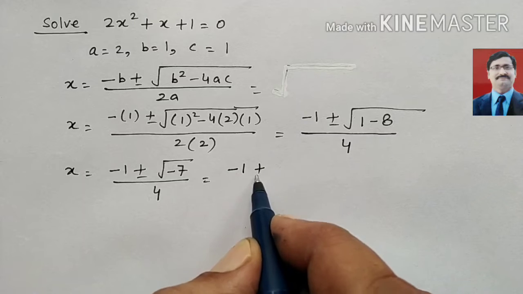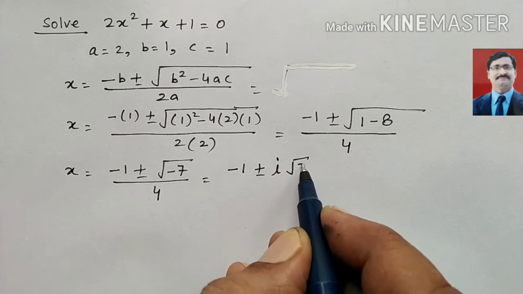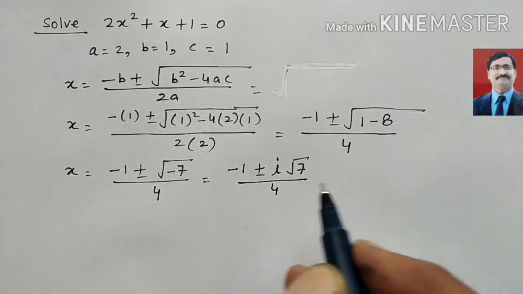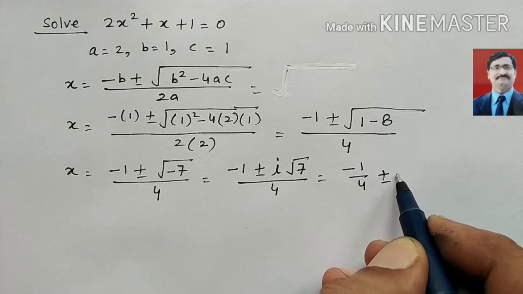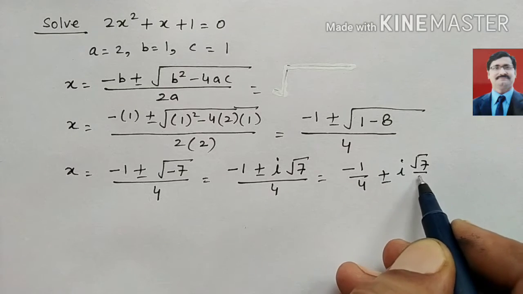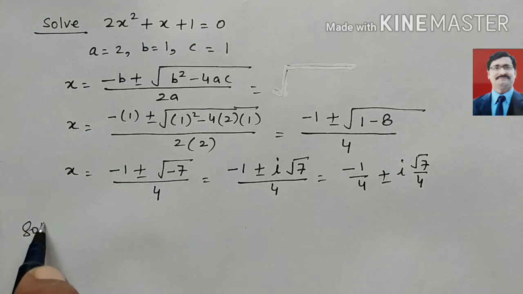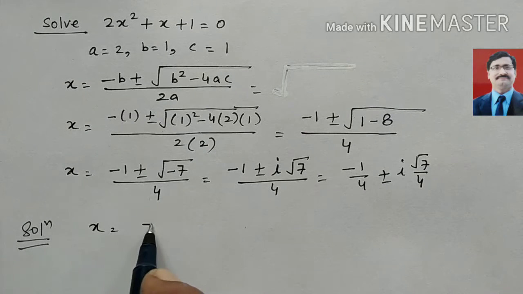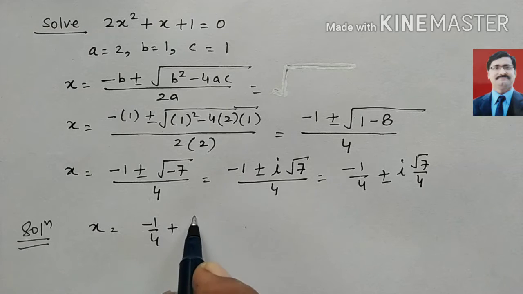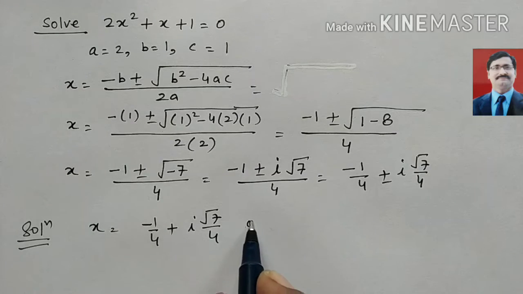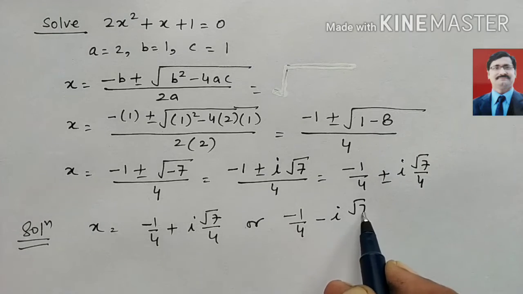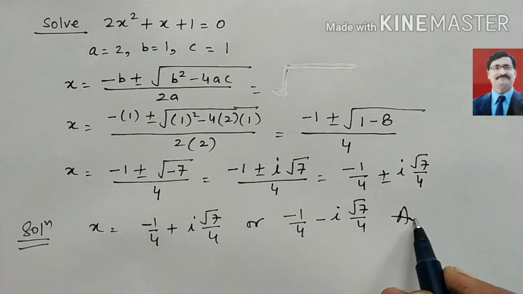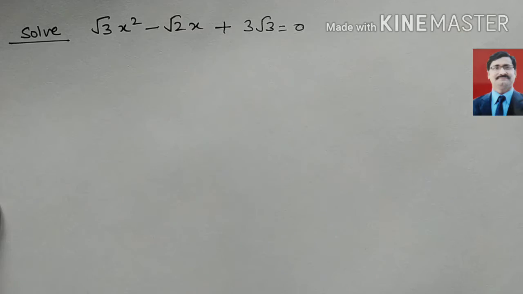So minus 1 plus minus iota root 7 upon 4, or you can write minus 1 upon 4 plus minus iota root 7 upon 4. So the solution is x equal to minus 1 upon 4 plus iota root 7 upon 4, or minus 1 upon 4 minus iota root 7 upon 4. These are the answers. Do all of you understand this?